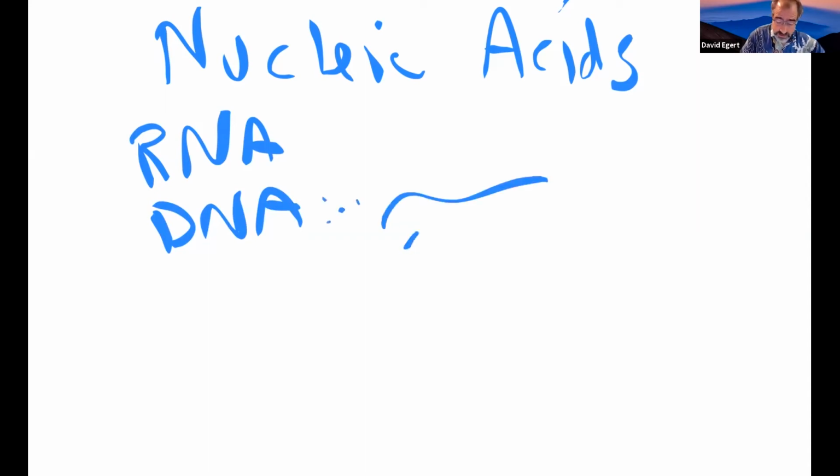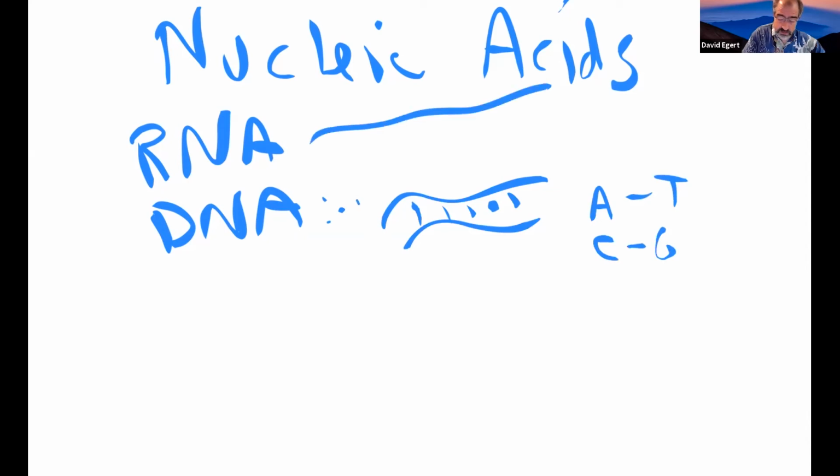DNA is double-stranded, with A's and T's and C's and G's. RNA is single-stranded, with U instead of T. RNA tends to be much more temporary. It breaks apart much more easily.